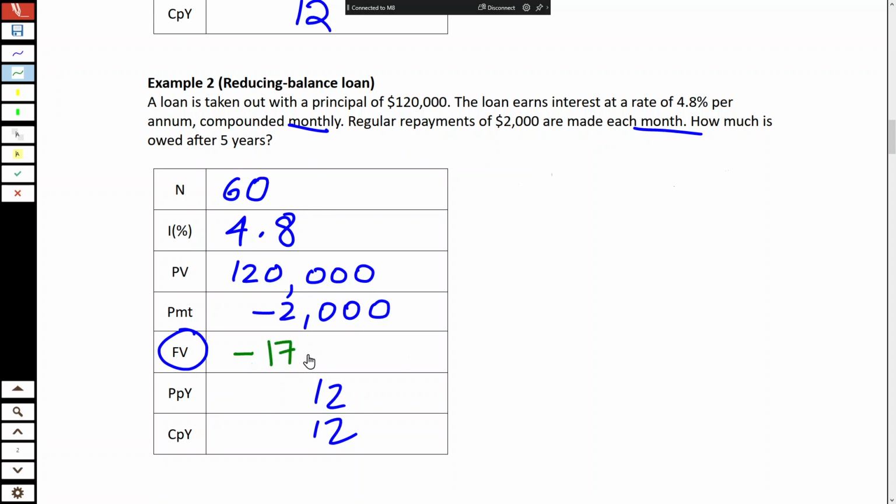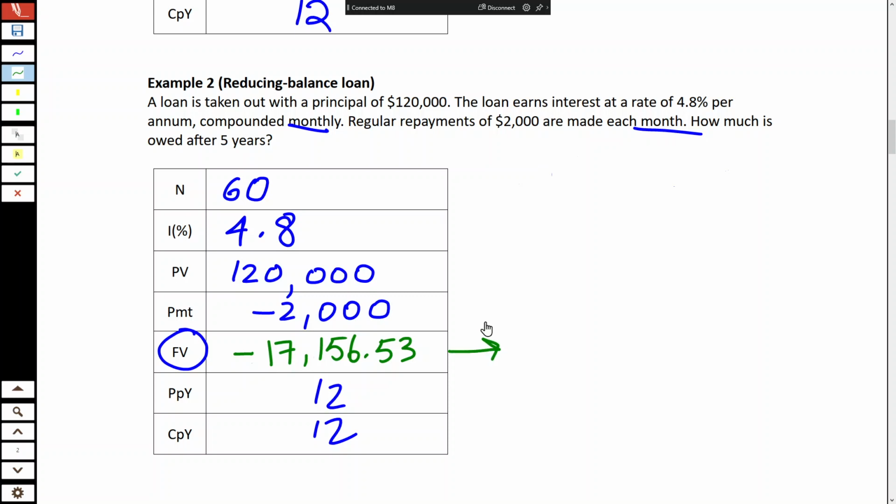I also got 17. That's what I got. Okay. All right. We got a negative number. What does this mean? We've had to pay the bank that much extra. So we've paid them back 1,200 plus that much.